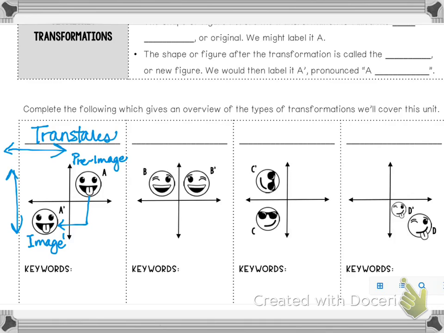Translations are just simple slides. Okay, so a translation is a slide. I want you to go ahead and circle the SL. This is going to help us remember that translations are slides. Okay, so just moving that figure down and over.